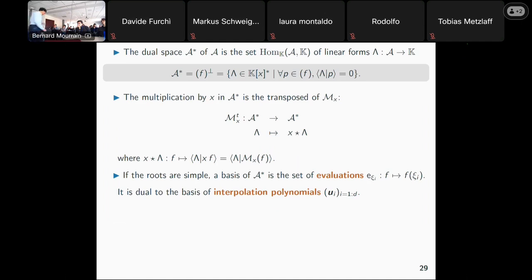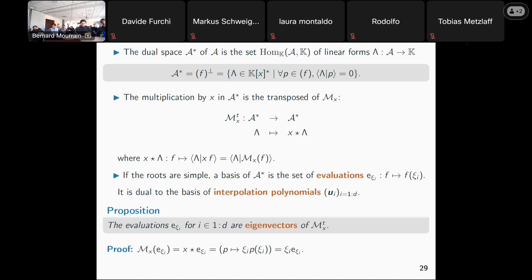A simple check: we can check easily that the evaluations at the roots are in the orthogonal of F. And they form a basis of the dual space A star, a basis which is dual to the basis of interpolation polynomials, the Lagrange polynomials we have seen in the case the roots are simple.